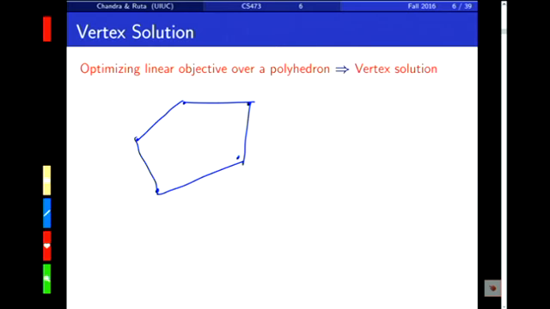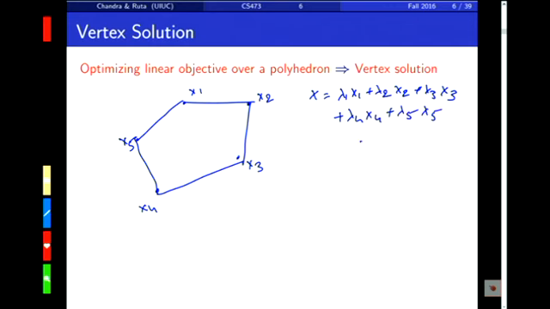Suppose I have x1, x2, x3, x4, x5, then if I look at any x which is lambda 1 x1 plus lambda 2 x2 plus lambda 3 x3, where all lambda i are greater than or equals 0 and the summation of lambda i equals 1, this is called a convex combination.